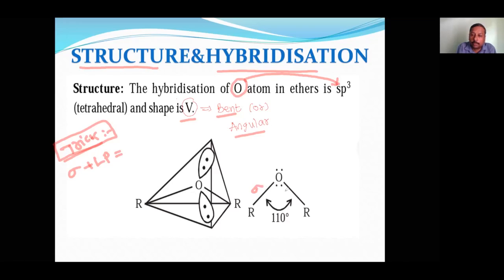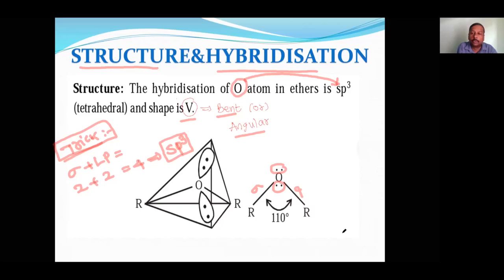Here one sigma bond, two sigma bonds, and one lone pair, another lone pair, so two lone pairs. Total is four. So you start from the s and total 4; to make 4, you take 3 p orbitals. Hybridization of oxygen will be sp3.